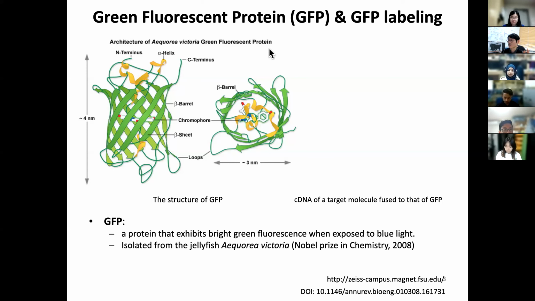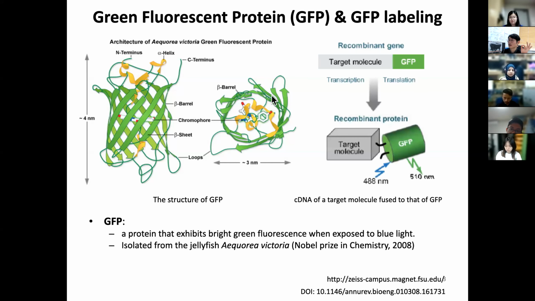So here we go. We have this nice protein which you can engineer. How do you engineer it? There's a target molecule of your interest, a target protein. Then by recombinant DNA technology, you bring your GFP gene and connect them, which we call a fusion protein.